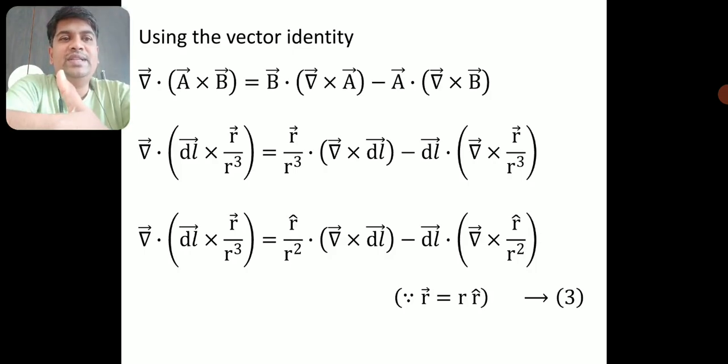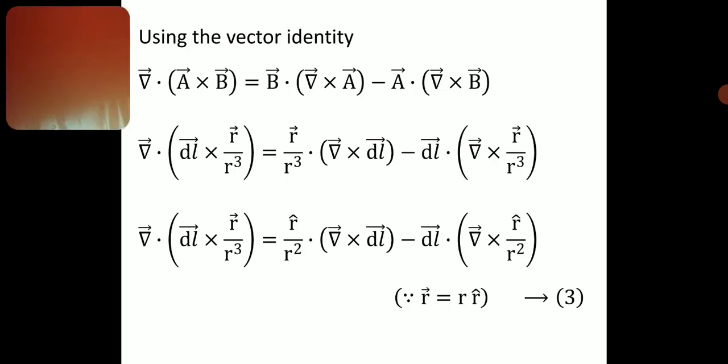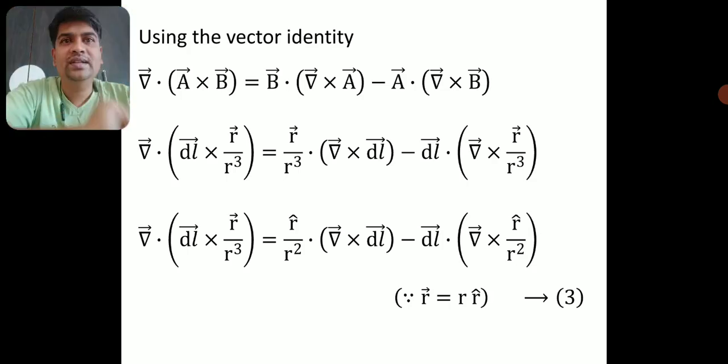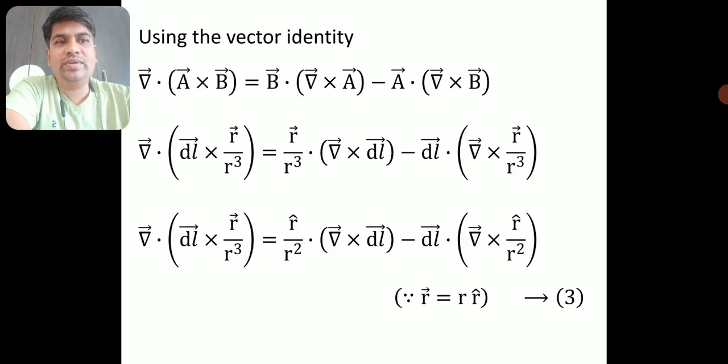The left hand side will remain the same. In the right hand side, instead of r vector by r cube, as I told you, you can write it as r cap by r square. So r vector by r cube can be written as r cap by r square, in the curl of dl term and in the dl cross curl term as well.